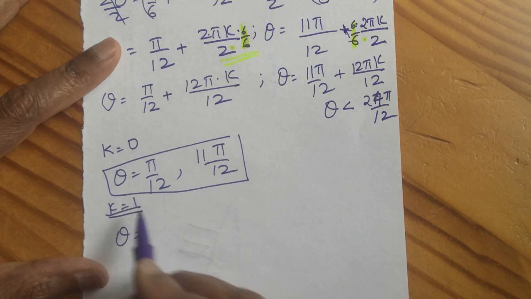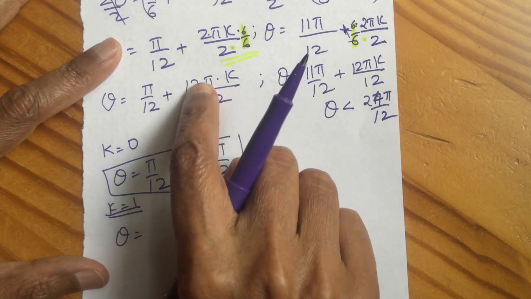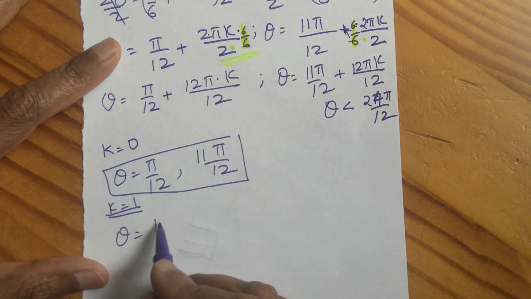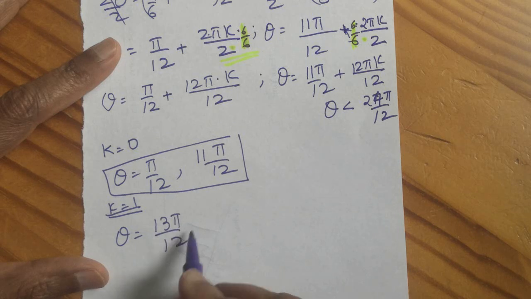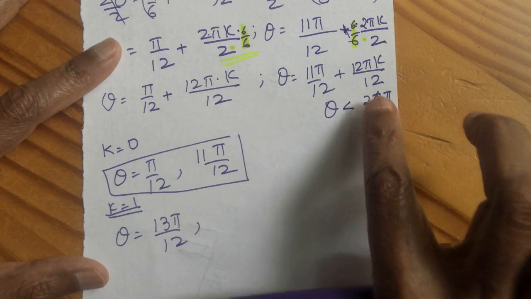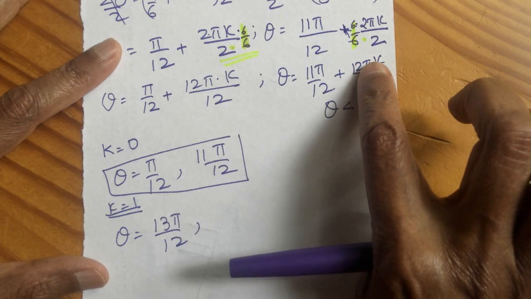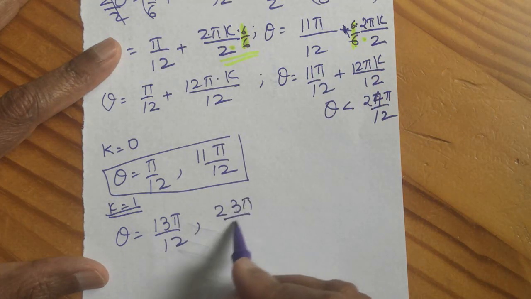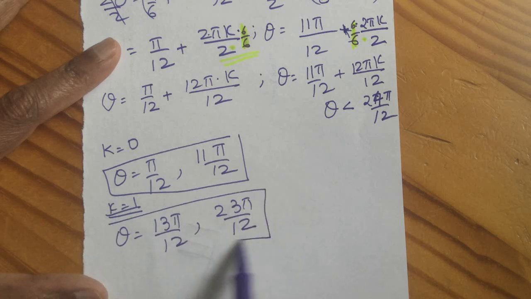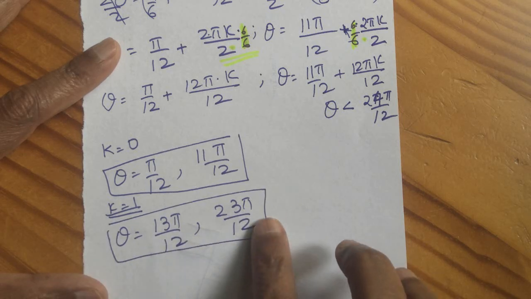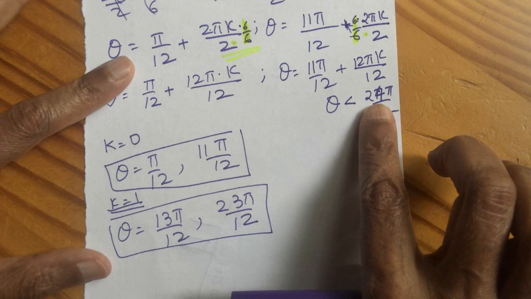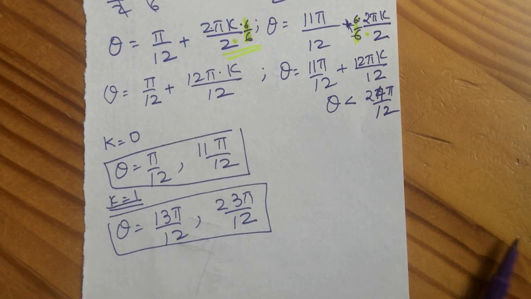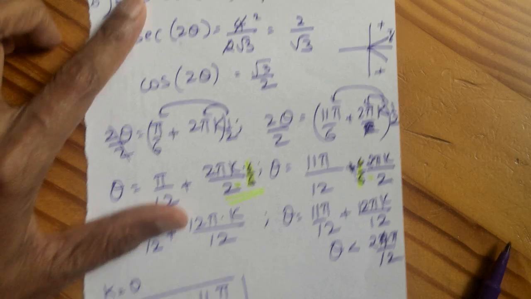Theta equals, k equals 1 means 12 times 1 is 12, 12 pi plus 1 pi is 13 pi by 12. And here, 12 plus 11 is 23 pi by 12. And what do I notice? I should stop right here because 23 pi by 12 is just less than 24 pi by 12. I can't go greater than that. So I have 4 solutions for my problem number 6.